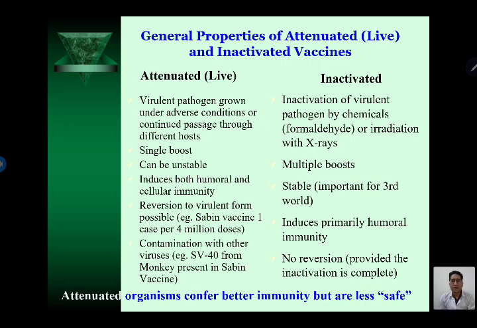So attenuated organisms confer better immunity but are less safe. You can understand the less safe because they can be unstable and induce both humoral and cellular immunity. So that's why they are not safe.